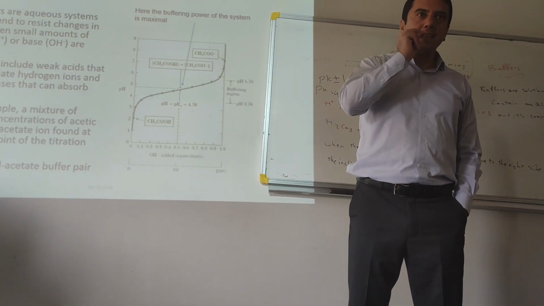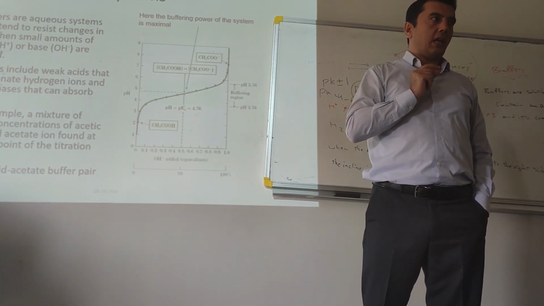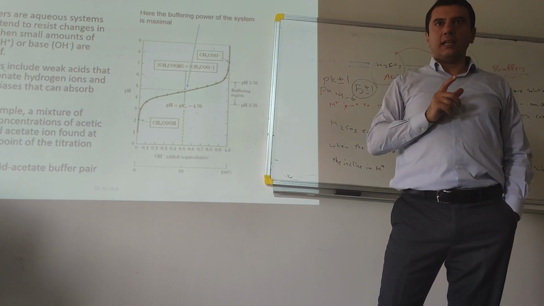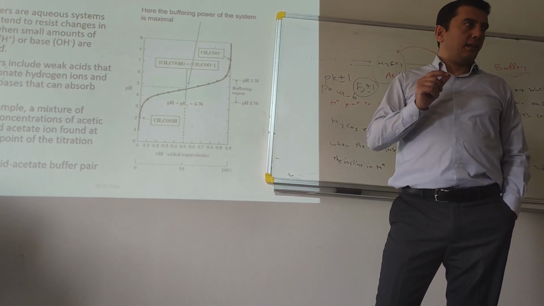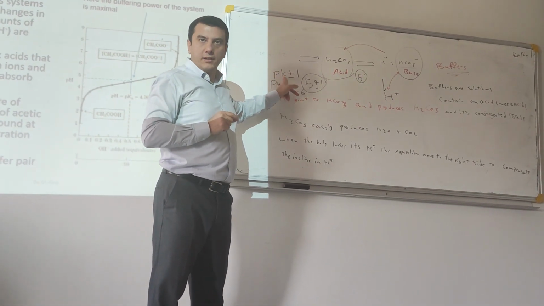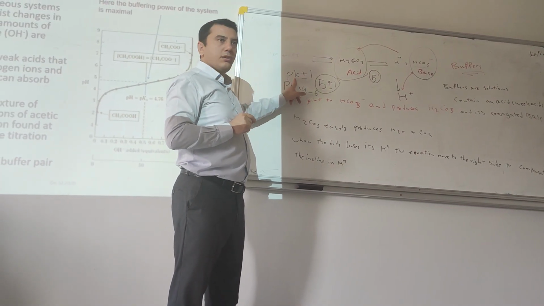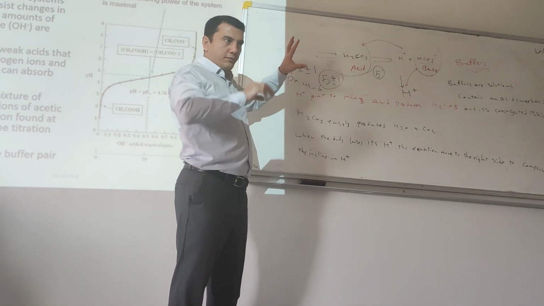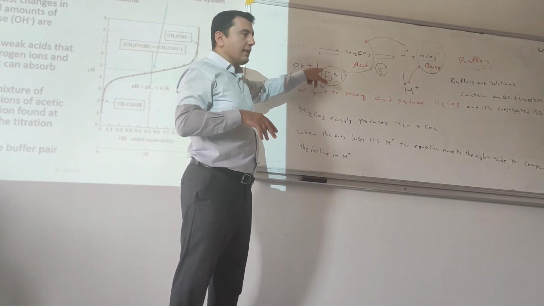What is the exact amount of the buffering region? You can definitely determine this amount using this equation. The buffering region is the pK of that buffer plus or minus 1.